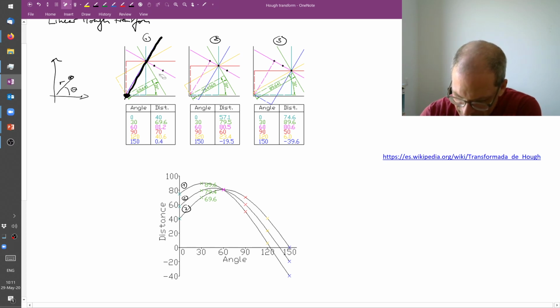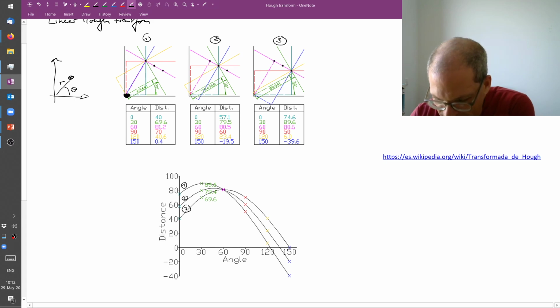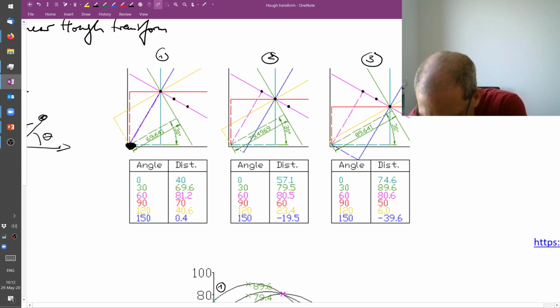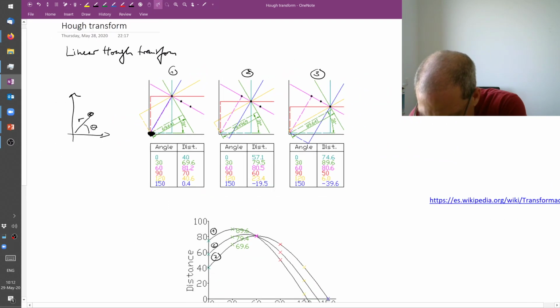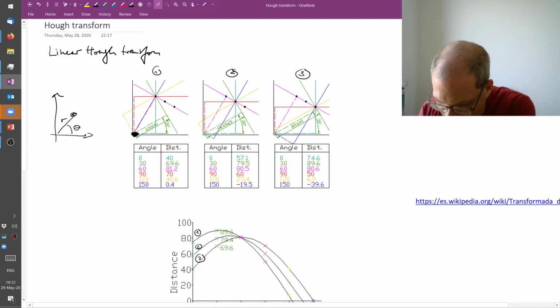Okay, I'm trying to make sense of the color coding here. So it is blue, and all right, so the parameterization they give is an angle of 150 degrees and a distance of approximately 0. So why 150 degrees?